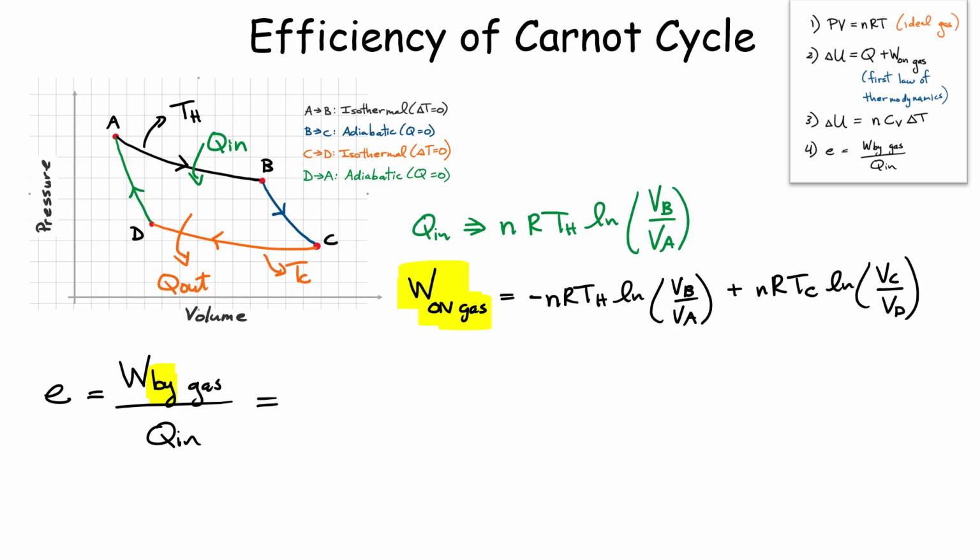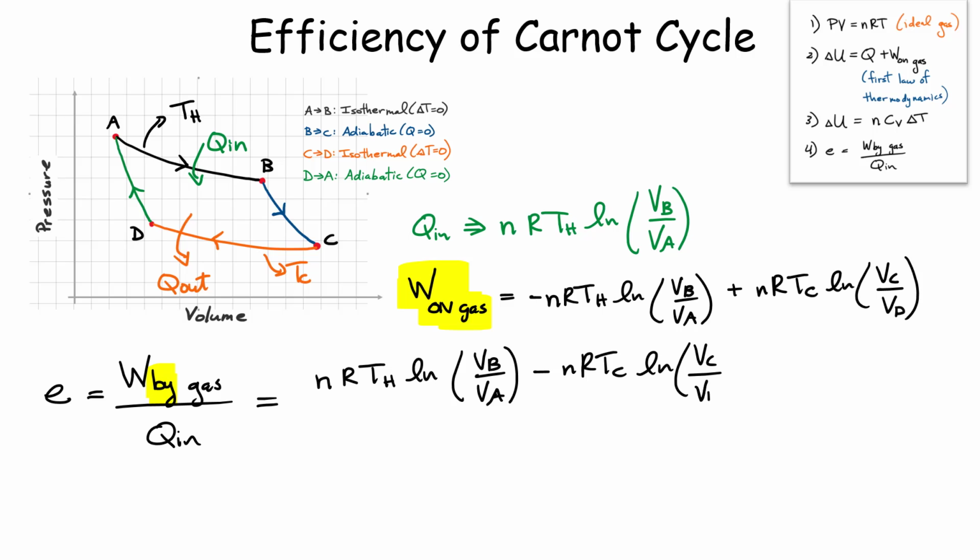Because I have by the gas here. So just keep that in mind. So that means this term here becomes nRTH natural log of VB over VA. All right, what else? Now minus nRTC natural log of VC over VD.